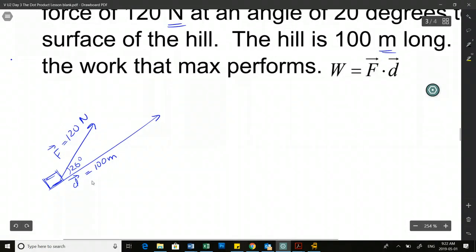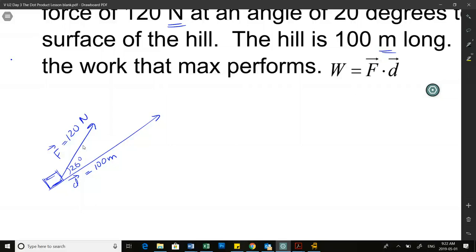We're simply interested in how the displacement and the force are working together. So what component of the force is working in the same direction as the displacement? That will give me the work, or joules, that's put into dragging this sled up the hill. Okay? So far so good?